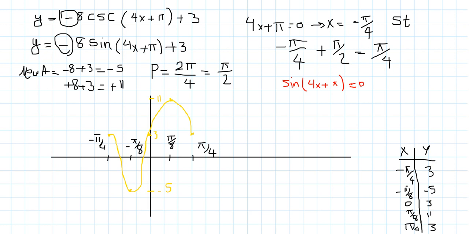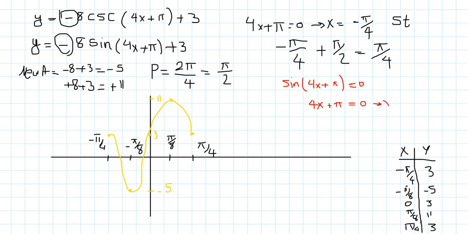So sine of 4x plus pi equals 0. Sine of which angle is 0? I know, 0, pi, 2 pi, and so on.